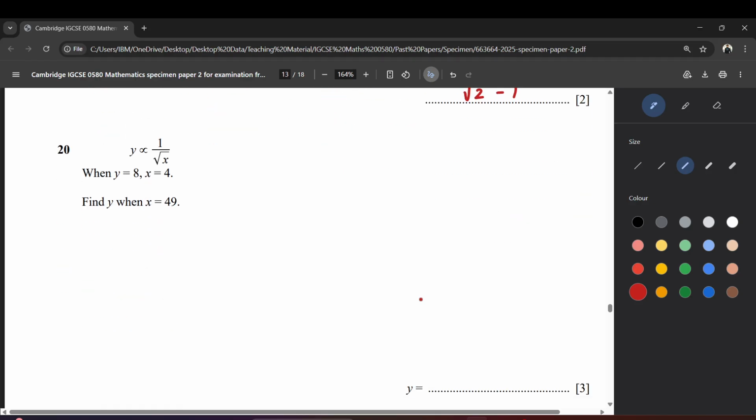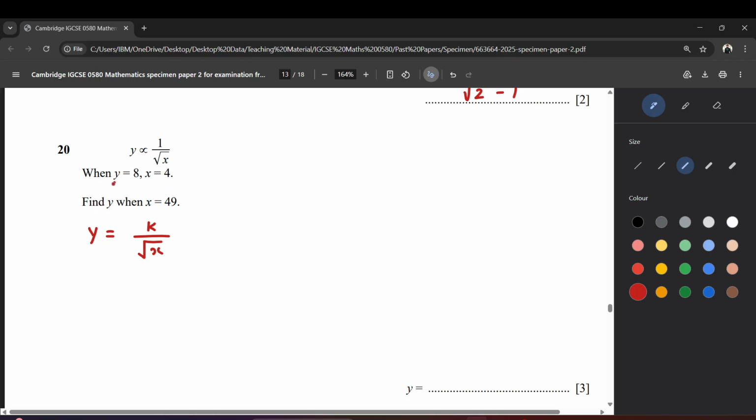Okay, question number 20. Y is directly proportional, sorry, y is inversely proportional to the square root of x. When y equals 8, x equals 4. Find y when x equals 49. First of all, we can write this as the equation y equals k upon root x.